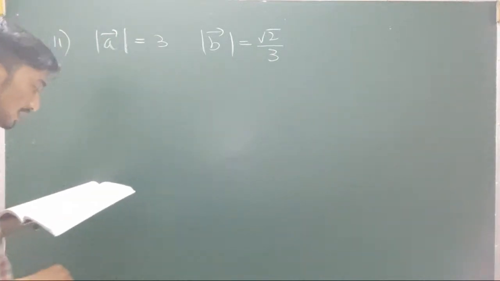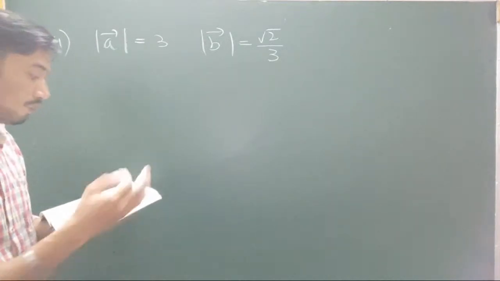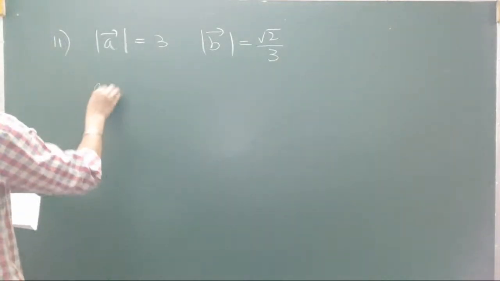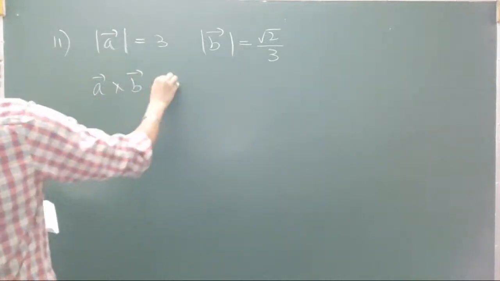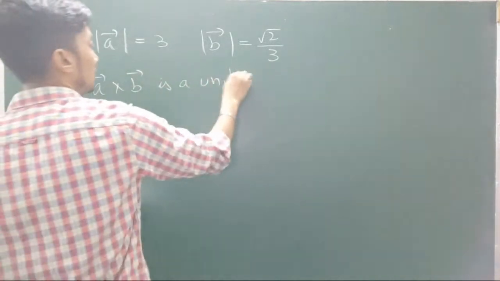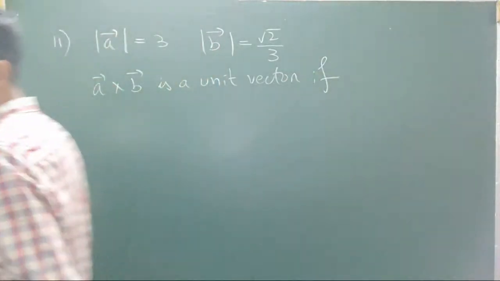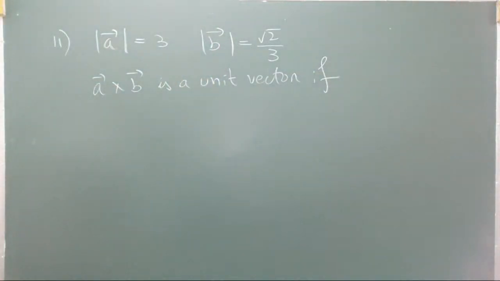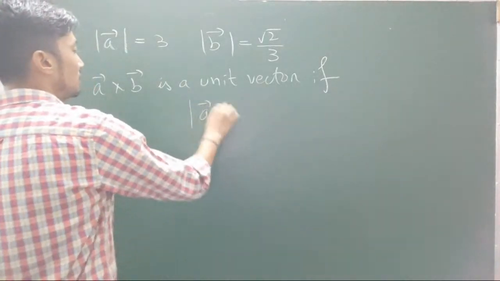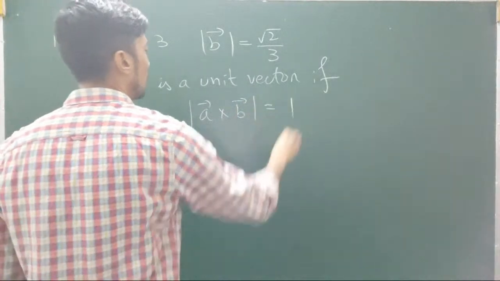What is the angle between A and B? Write down: A cross B is a unit vector if the magnitude of A cross B is 1.